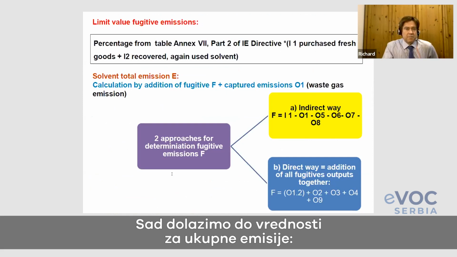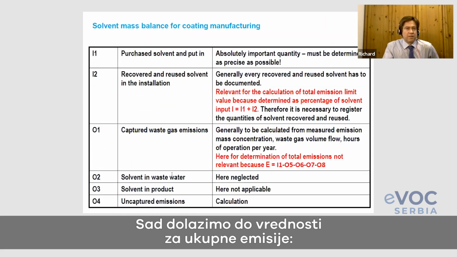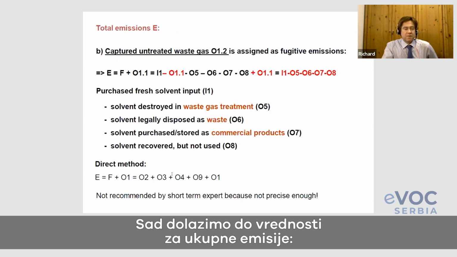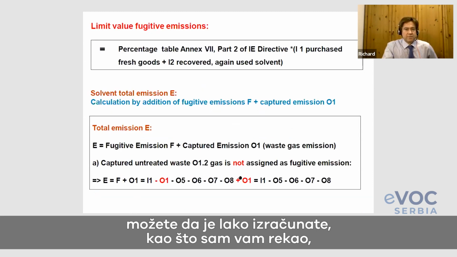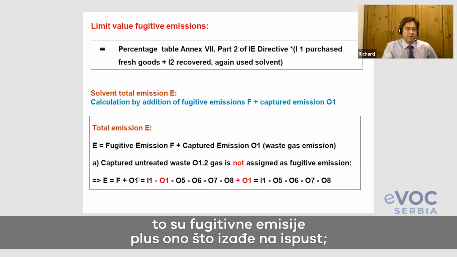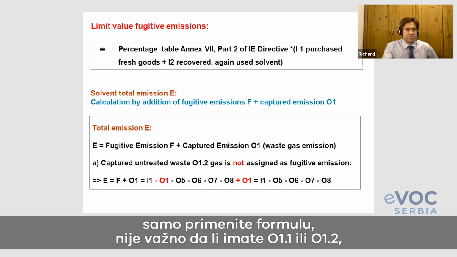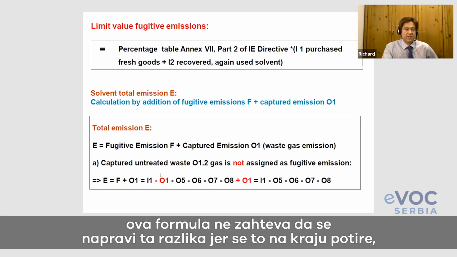Yes, coming now to the total emission value, you can calculate it very easily. As I told you before, you have the fugitive emissions plus what gets out by stacks. If you just use that formula, you will see it doesn't matter if you have O11 or O12; no differentiation is necessary, because it will be eliminated.